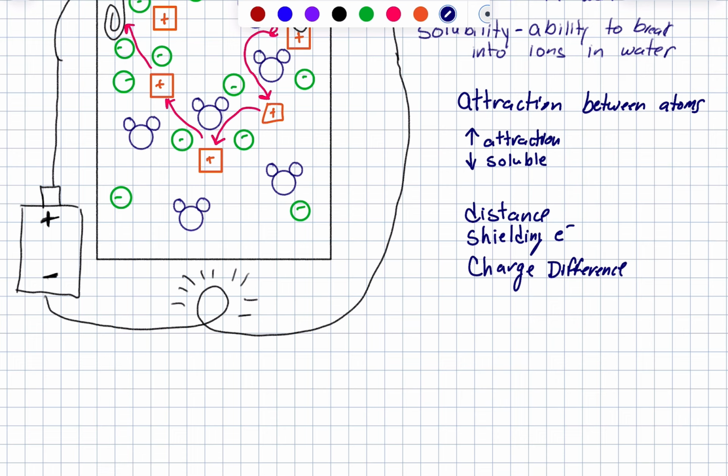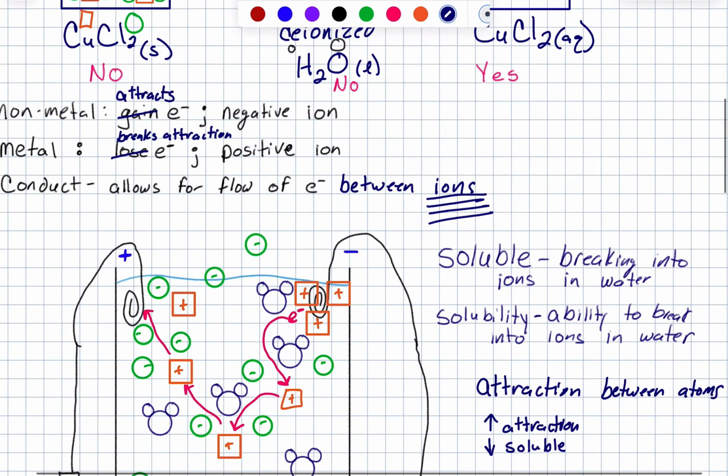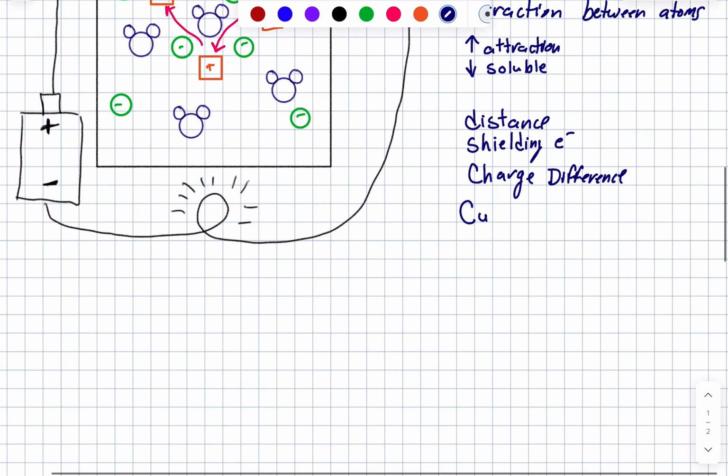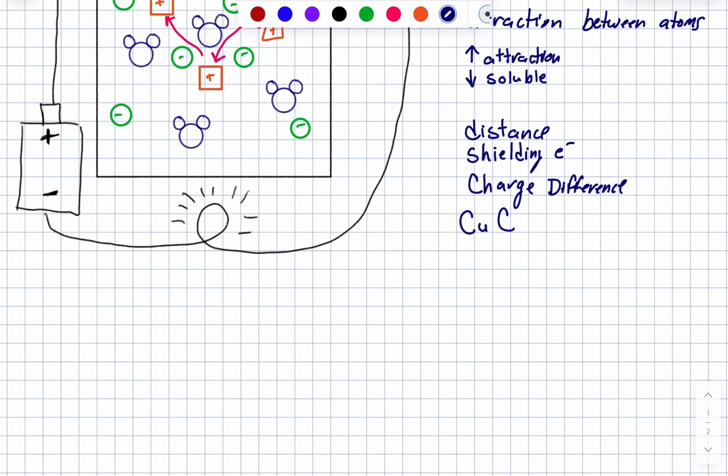And so here, when I look at my copper chloride, I have Cu, Cl2. And so I need to figure out the charge, the number of atoms in my formula or in my unit cell, and my total charge.